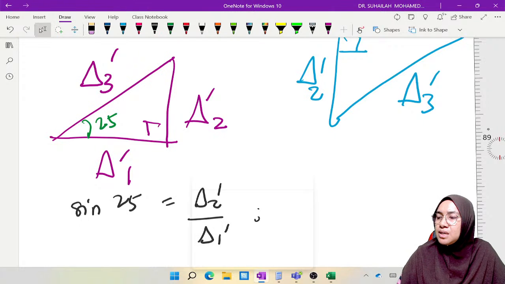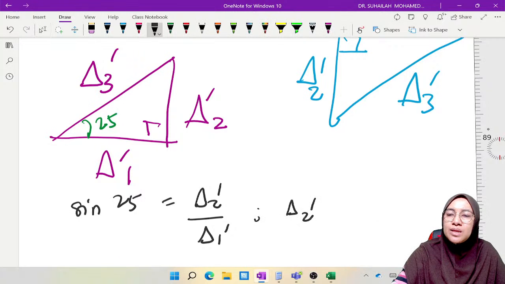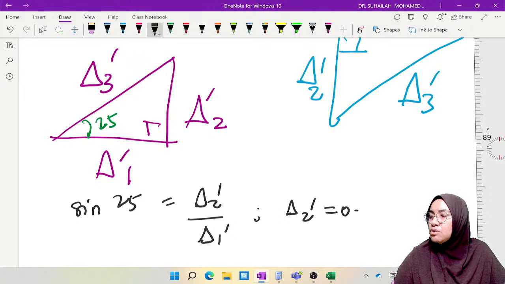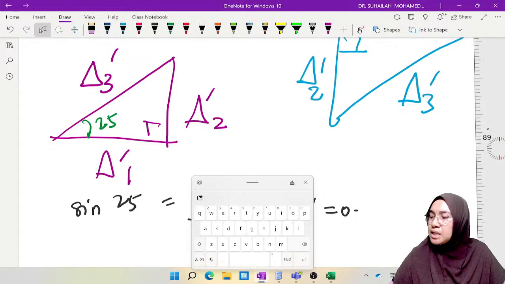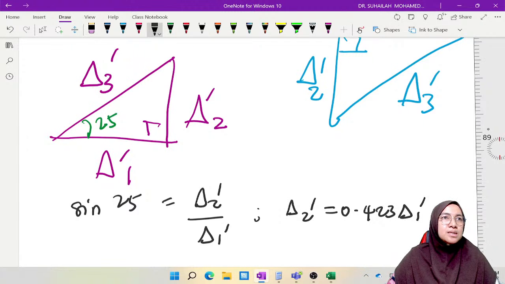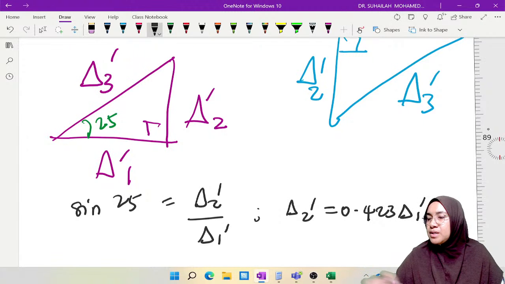So delta 2 prime equals sine 25, which is 0.423 delta 1 prime.